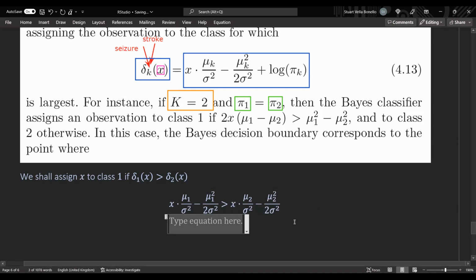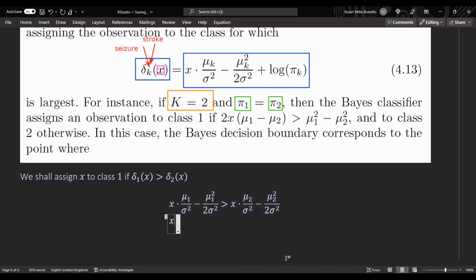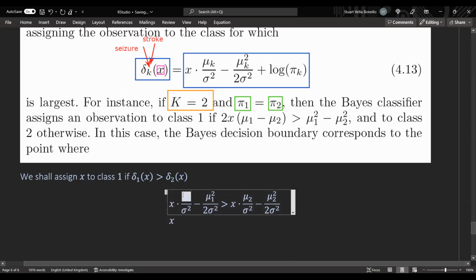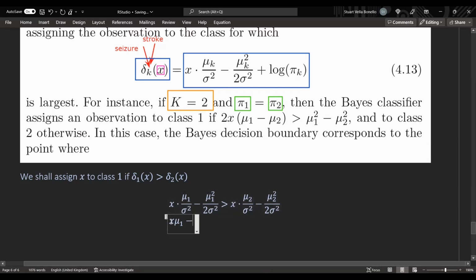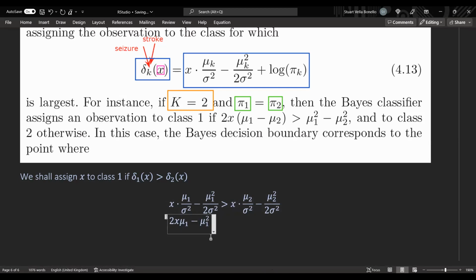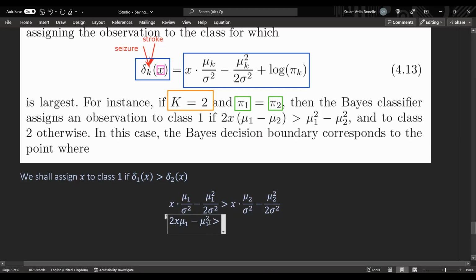And that leaves us with, why don't I multiply by 2 sigma squared immediately? And we get this, and we get the same thing, but with a 2.